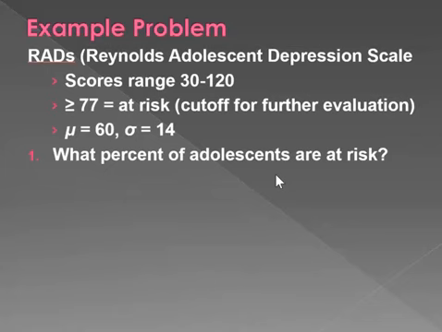And so what we're asking here is what percent of adolescents are at risk for developing depression? What we're really asking is, given this mean and standard deviation, what percent would score a 77 or higher? So I want you to pause the video and try and answer this question, and I'll show you how I answered it when you come back.